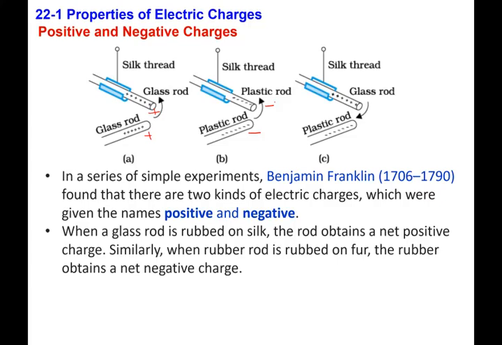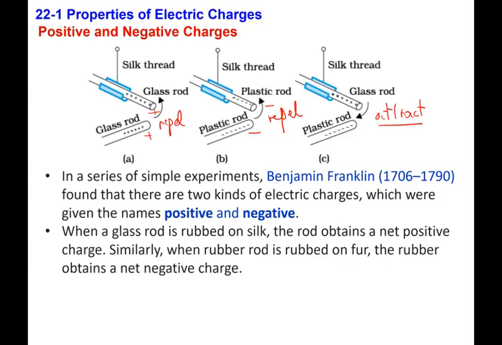But he also did an experiment where he rubbed a glass rod and a plastic rod, and he noted the opposite. He noted that they will repel. So here they repel each other, and here they repel each other. But here he noted that they will attract each other. The positively charged glass rod and the negatively charged plastic rod attracted each other.